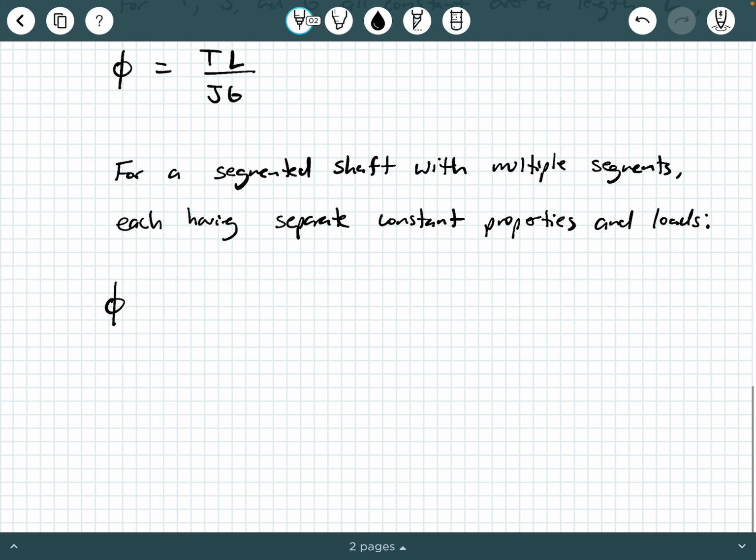We can say phi equals the summation as i goes from 1 to n of TL over JG sub i, okay? Where n equals the number of segments of the shaft.